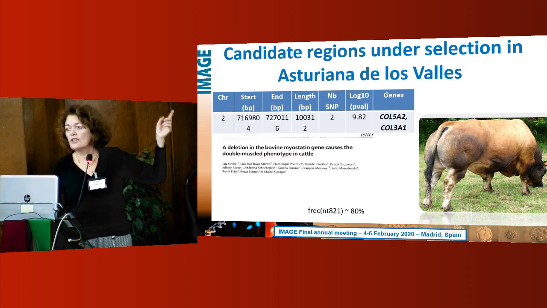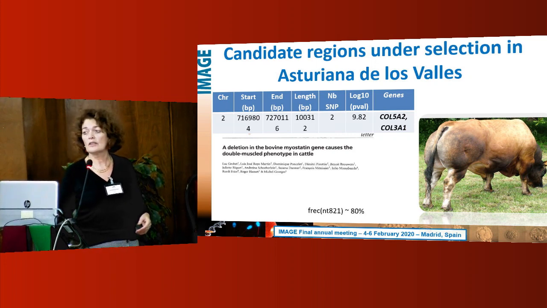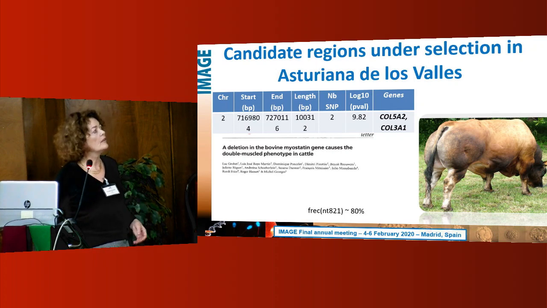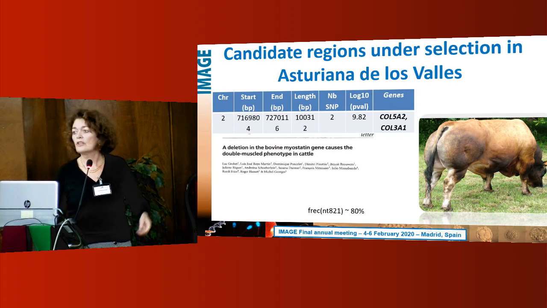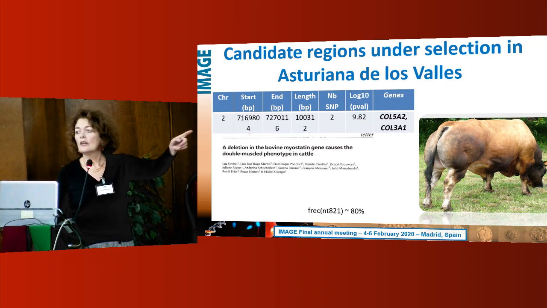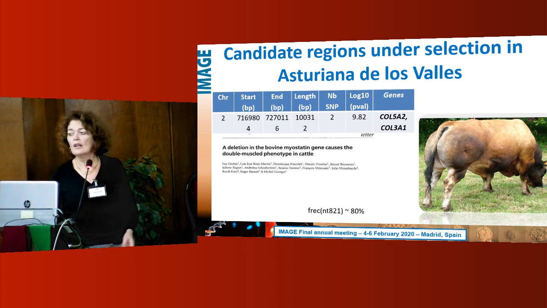So the region which arises from this study is the region including myostatin, but what we see is other genes because of the fact that this mutated allele is an 11-pair deletion. This 11-pair deletion was described in 1997, and on the right you have a photograph of an Asturiana de los Valles bull, who is double muscled.